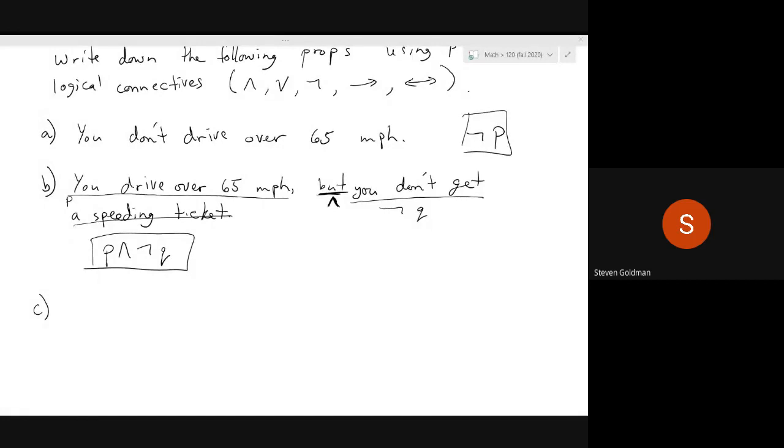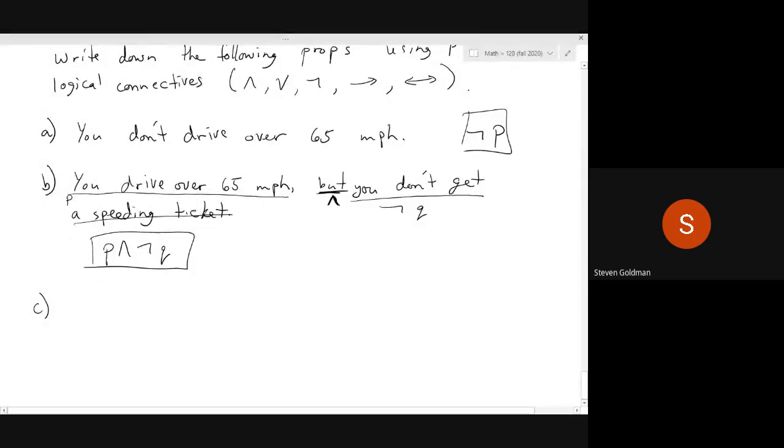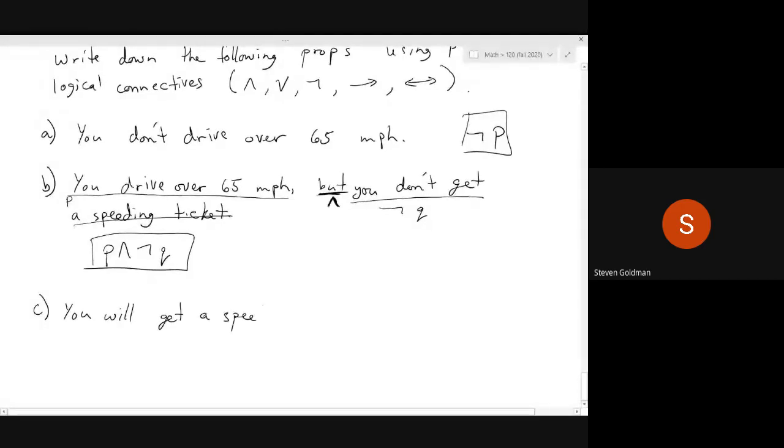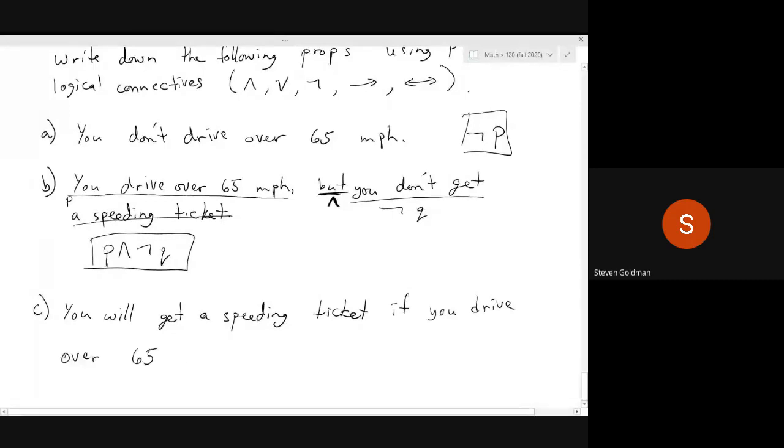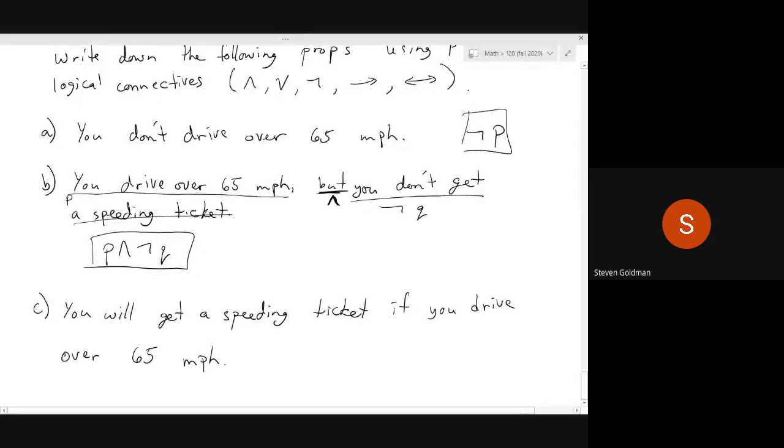Let's move on to the next example. What about the sentence, you will get a speeding ticket if you drive over 65 miles per hour? How would you express that one? Yep, that's P implies Q. Here we have the word if.